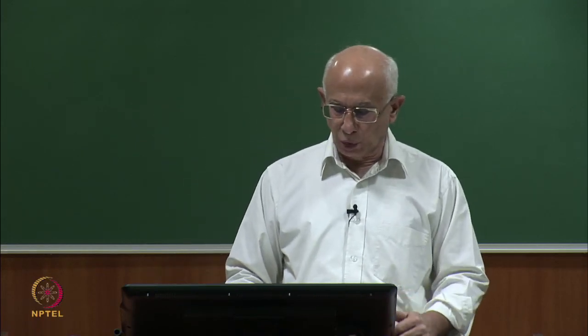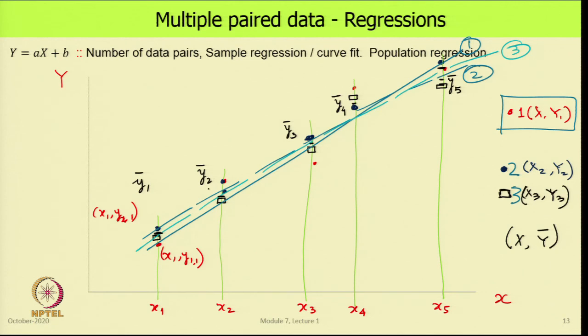So, the second thing to do is that we say that I have all these regressions, and what I will do is write the equation for each one of them separately. So, here is what happens. The first person gets y is equal to a1 x plus b1.